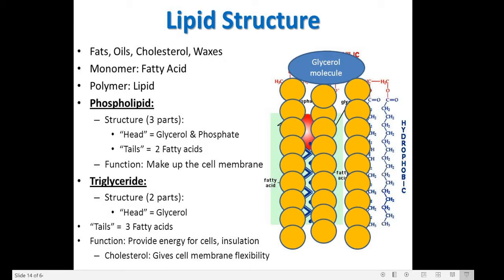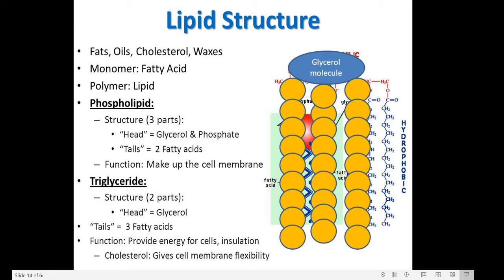The monomer of carbohydrate polysaccharides is glucose. The monomer of the lipid is fatty acid. Phospholipid has a structure with a head and tail. In the head it has glycerol and phosphate. In the tail it has two fatty acids.